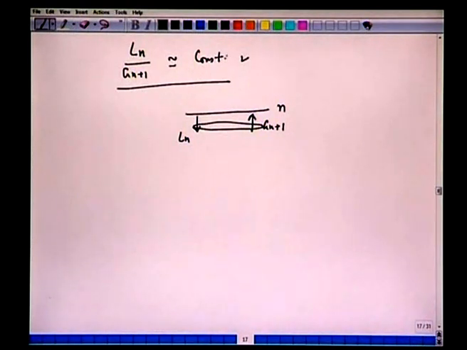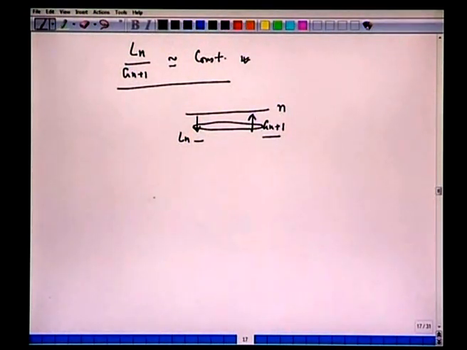This comes out from the energy balance, where we said that the difference between the specific enthalpies Hgn plus 1 and HLn is a constant. From this, we come to the conclusion that the ratio is a constant.